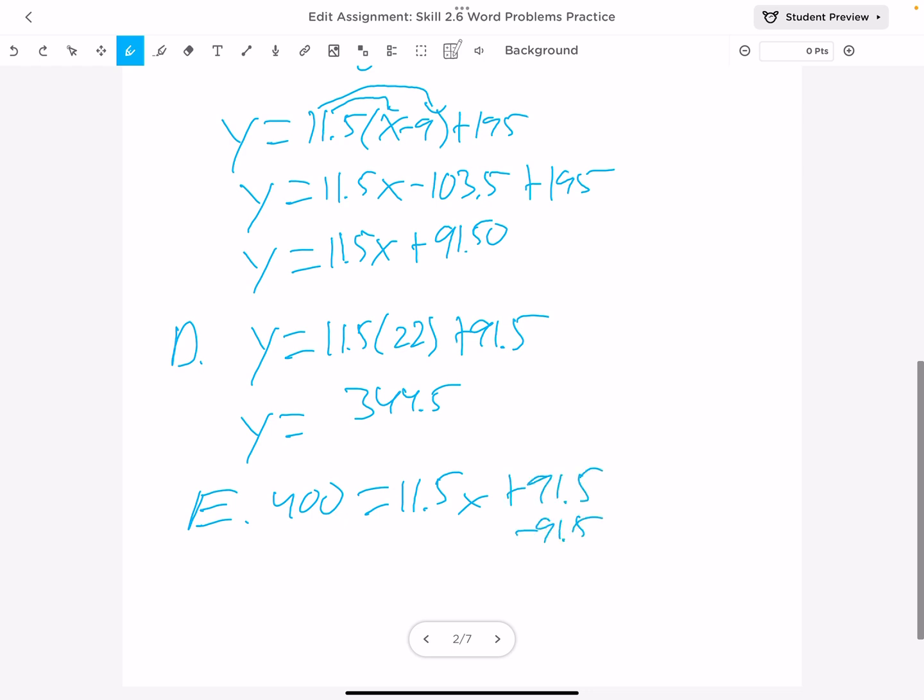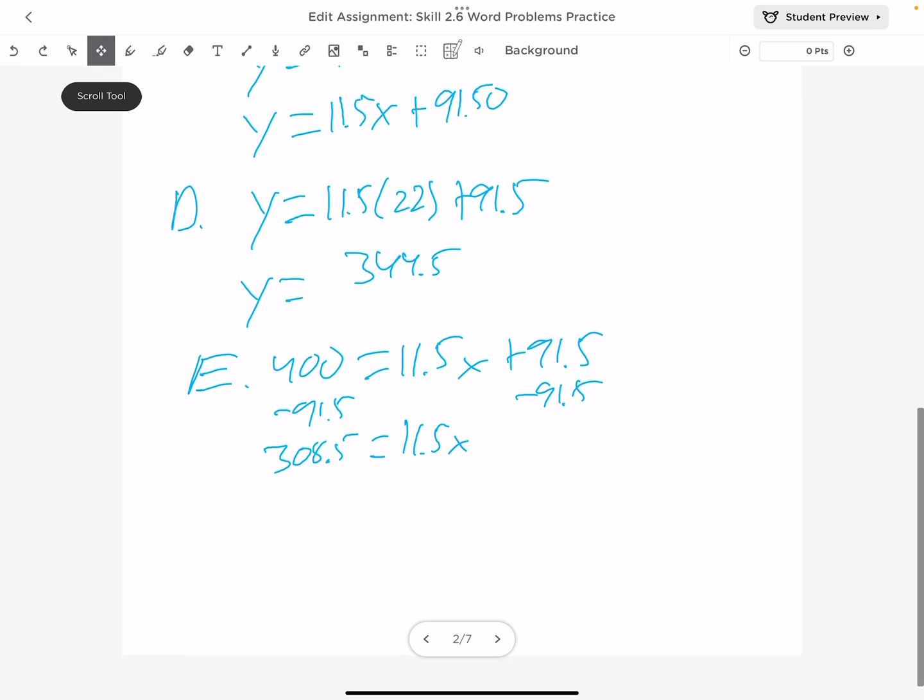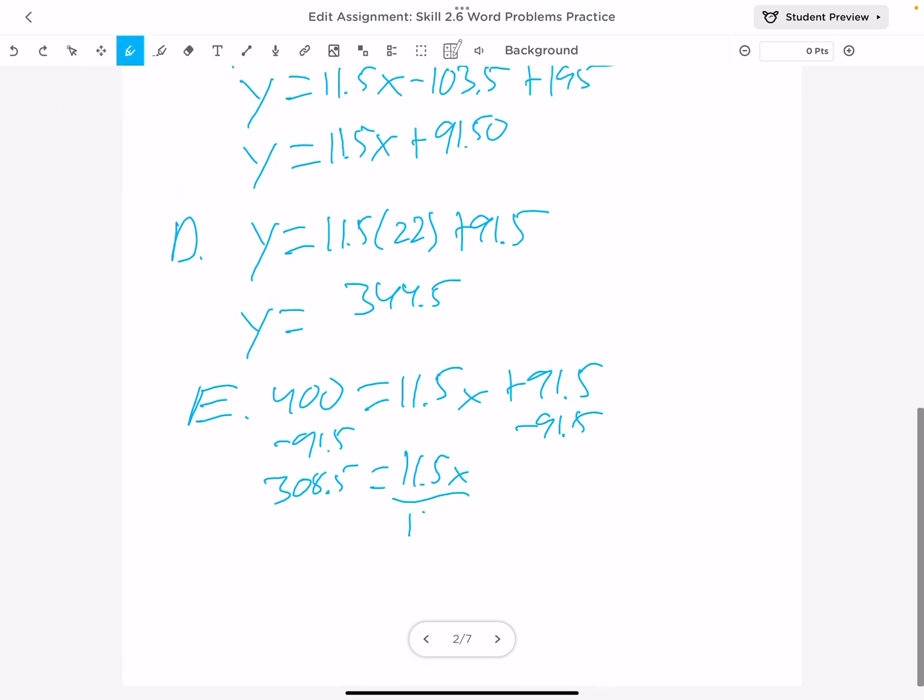So I subtract 91.5 from both sides, and I get 400 minus 91.5 is just 308.5 equals 11.5x. And so I then divide by 11.5, divide by 11.5, and I get 26.826 is equal to x.